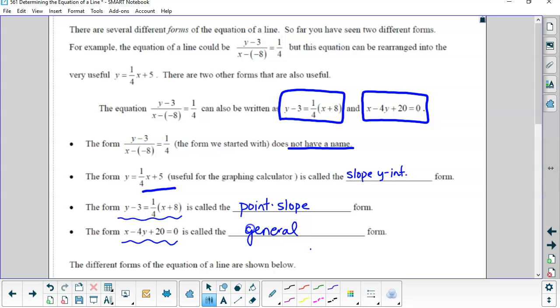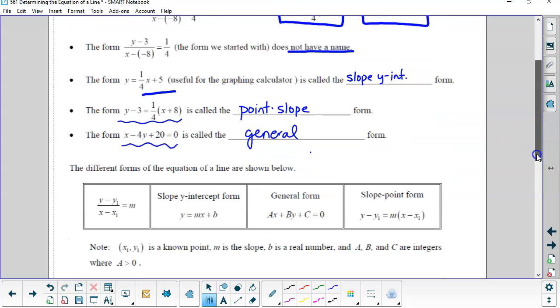Sometimes you'll see it called standard form. Sometimes the textbooks are a little bit confused on that. We call that general form. We'll, on a test, give you the actual form, if it's standard or general, like the actual expression like this. Slope y-intercept form, you should know, okay, what that means.